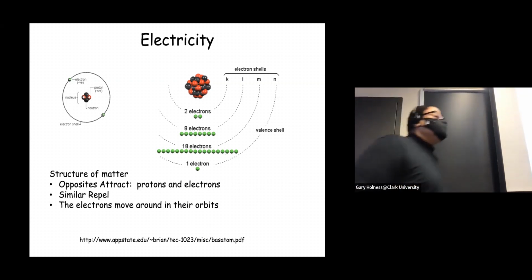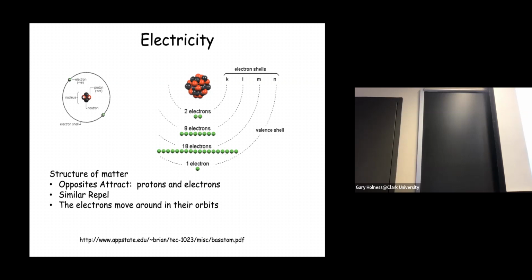And so these particles have an interesting property in that 2 particles that are opposite from one another in their charge, namely a positive and negative, are going to attract one another. They want to come close to each other when they're in close enough proximity. And 2 similarly charged subatomic particles are going to want to flee or repel one another. So there's an attractive force and there's a repulsive force.